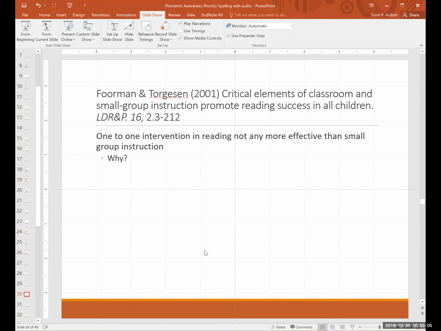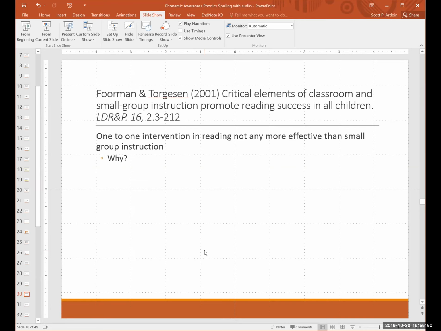So let's say we're talking about kid B. Some kids are going to be higher than kid B, and some kids are going to be a little bit lower than kid B. So the teacher providing instruction to kid A and to kid C could be helping kid B. It might be rehearsal and review of some materials for the kid who is not performing as high as kid B, and it could be modeling of blending and reading of new words by kid C. And kid C, who's the higher performing kid, might have better comprehension strategies that they're using, modeling, and providing examples of.